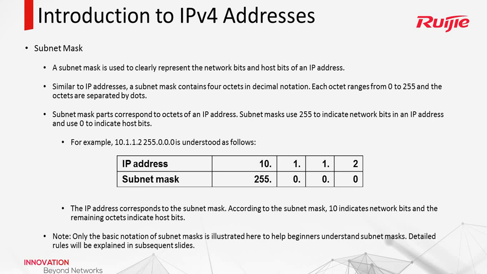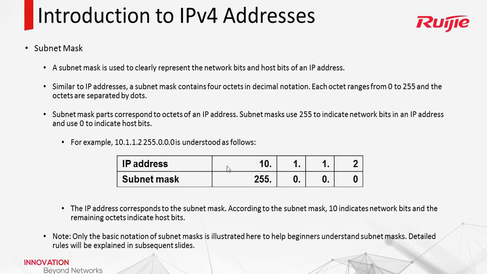So some people think, could we use a subnet mask to describe how many bits are the network bits and how many bits are host bits? For example, this one, 10.1.1.2. Then the subnet mask is 255.0.0.0.